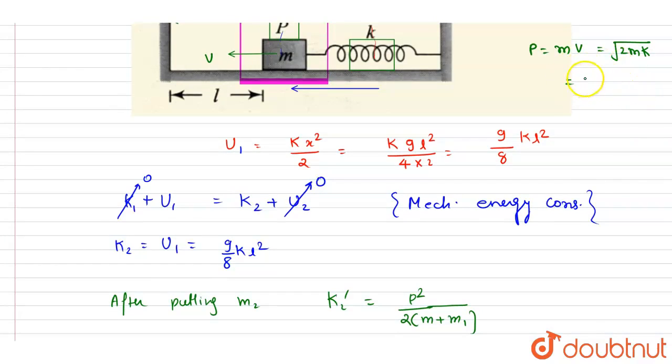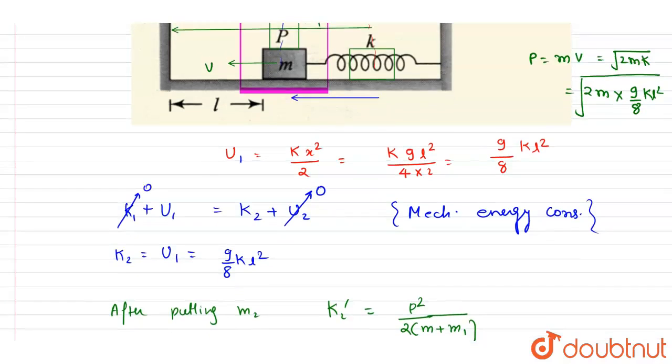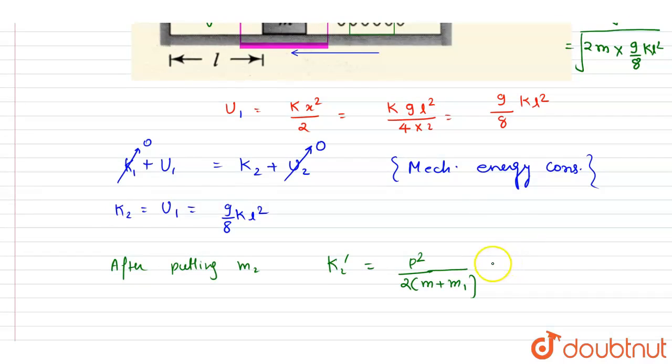So the momentum is under root 2mK, and you can put the square of it.